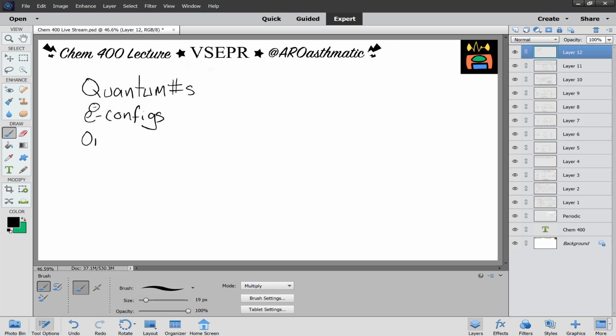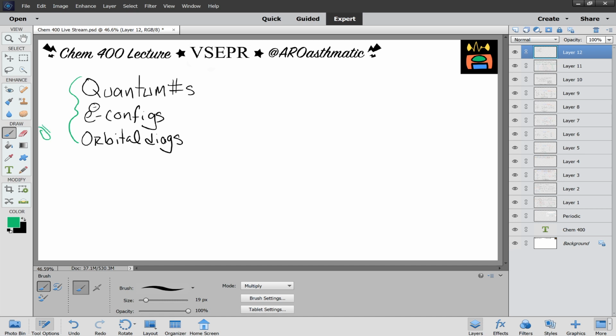We had orbital diagrams. All of these were critical to our discussion of all 3 of these topics.